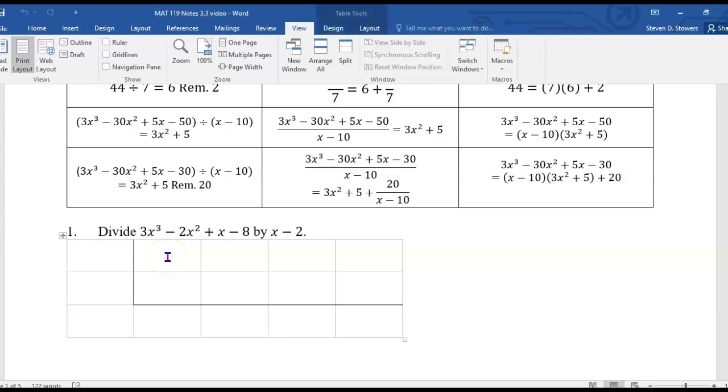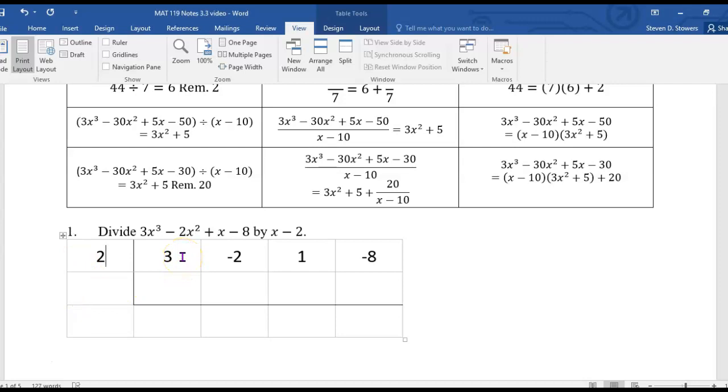So that's the 3 and the negative 2 and 1 and negative 8. And then out in front here, since I'm dividing by x minus 2, I'm just going to put the number 2. Not negative 2, but 2. That number out in front, that 2, that's going to be our multiplier.